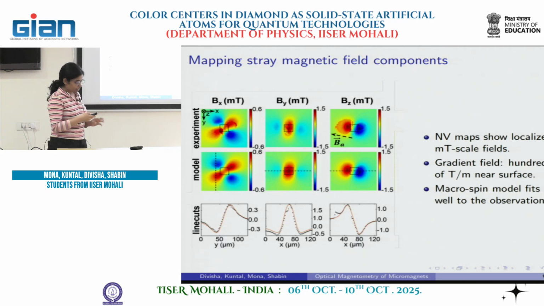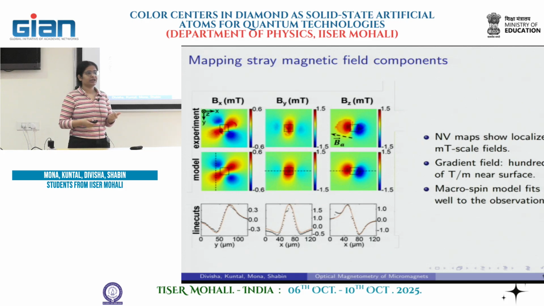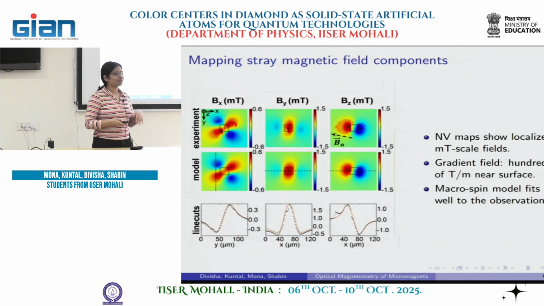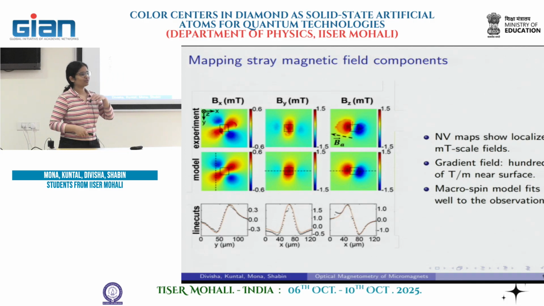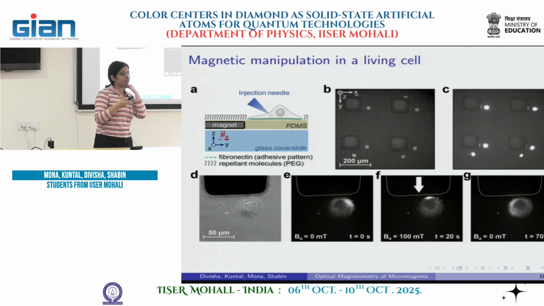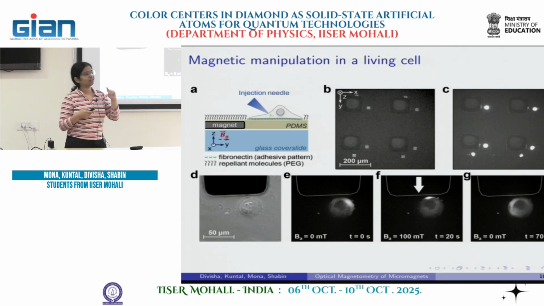For this particular model, I mentioned the micromagnets are of the size of hundreds of micrometers, so one may predict that the system should have quadrupoles or a complex anisotropic magnetic field distribution. But it turned out that for this system, the macro spin model can easily explain this. That depends on the thickness of the micromagnet film we are depositing, and also on the inter-size spacing between the micromagnets.